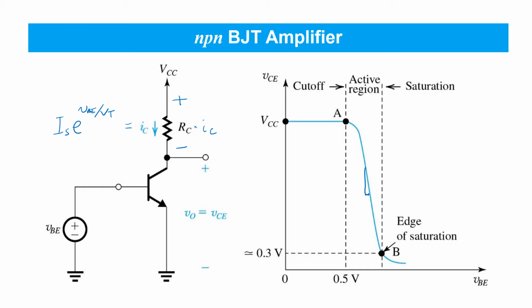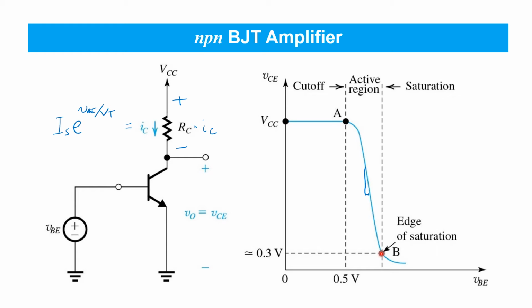Finally, once the output voltage VCE drops low enough, the NPN BJT will enter saturation. This arises at point B and is analogous to the point in the NMOS amplifier where the transistor entered saturation. Now, the point at which the NMOS transistor entered saturation depended on VOV, the overdrive voltage of the transistor.